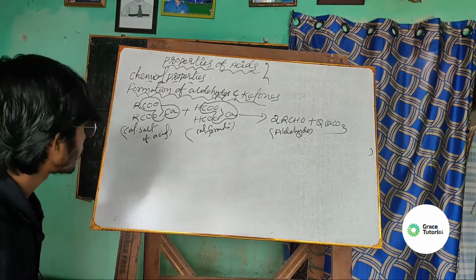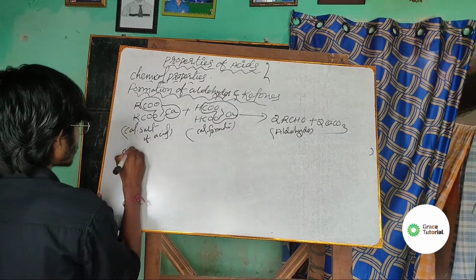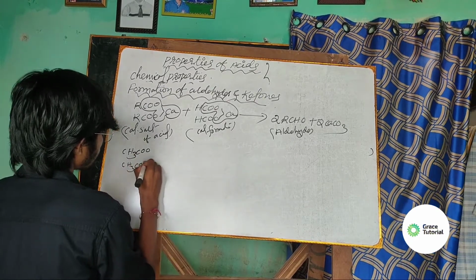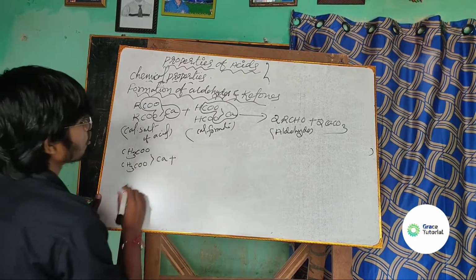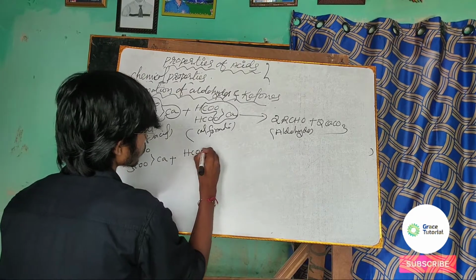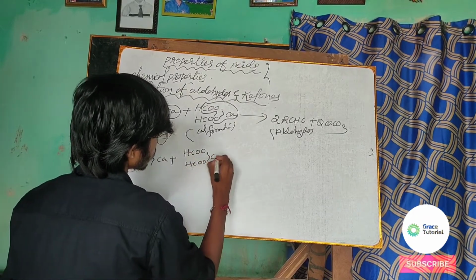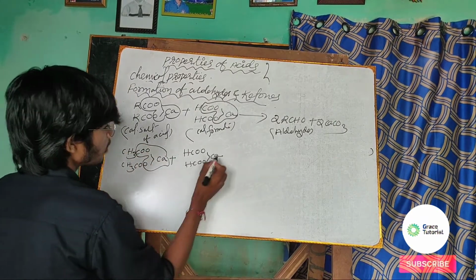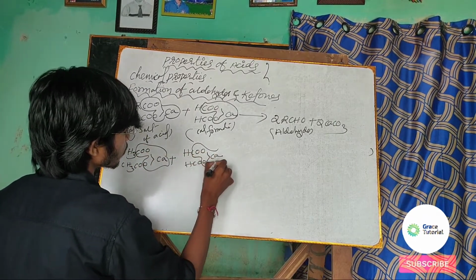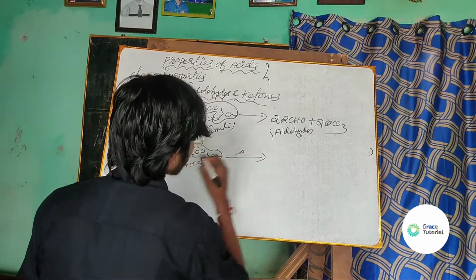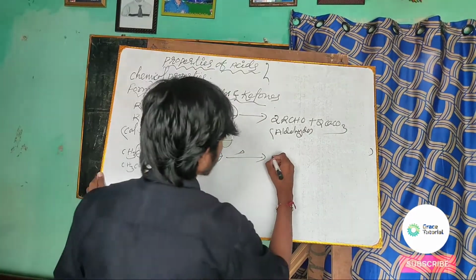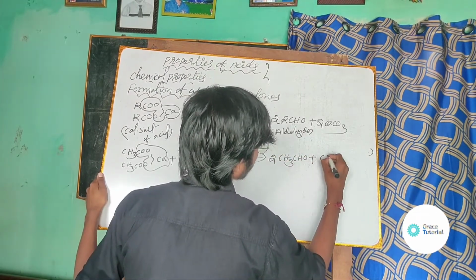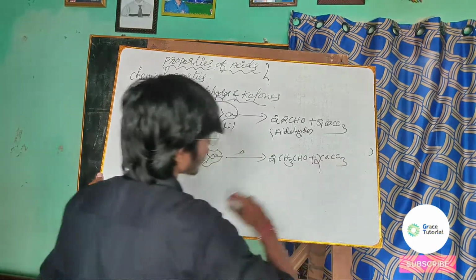Let me give you the specific example. Suppose I place here CH3COO, CH3COO. This is calcium acetate. When this calcium acetate reacts with HCOO, this is calcium formate, then the calcium carbonate is removed from here, and it gives 2 molecules of acetaldehyde along with 2 molecules of calcium carbonate.